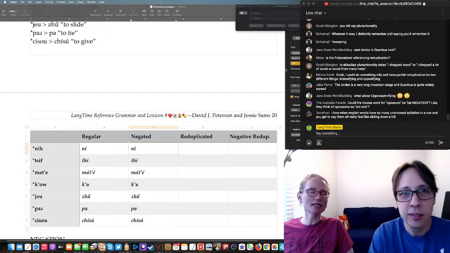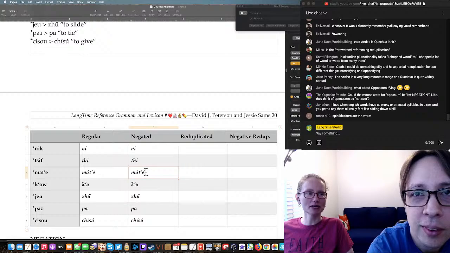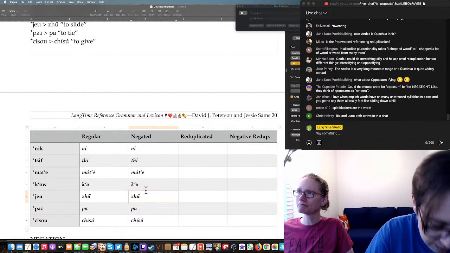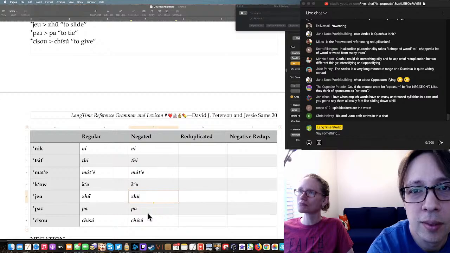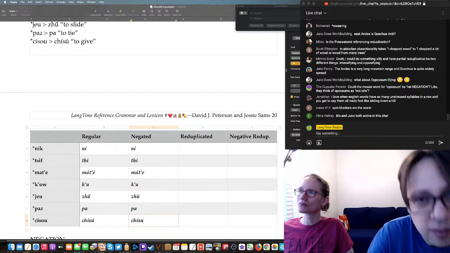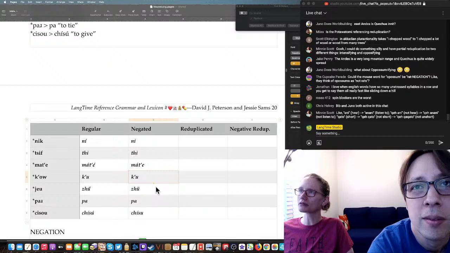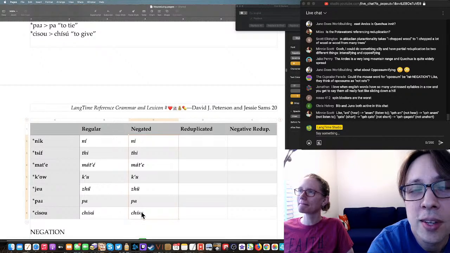Yeah, like that table that was floating around on Twitter, I think. Thank you, Russo. The spin blockers are the worst. Yeah, so absolutely you can see just looking at this that once the F disappears, you totally need something else. Absolutely. So that's good.